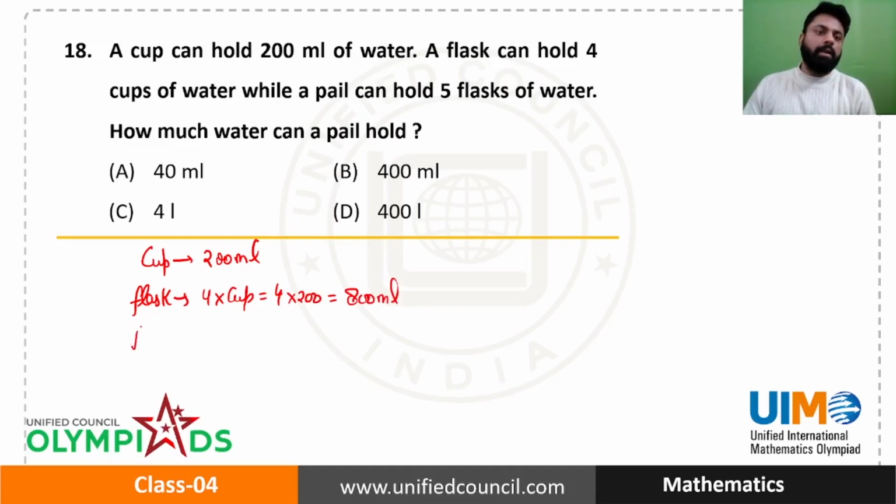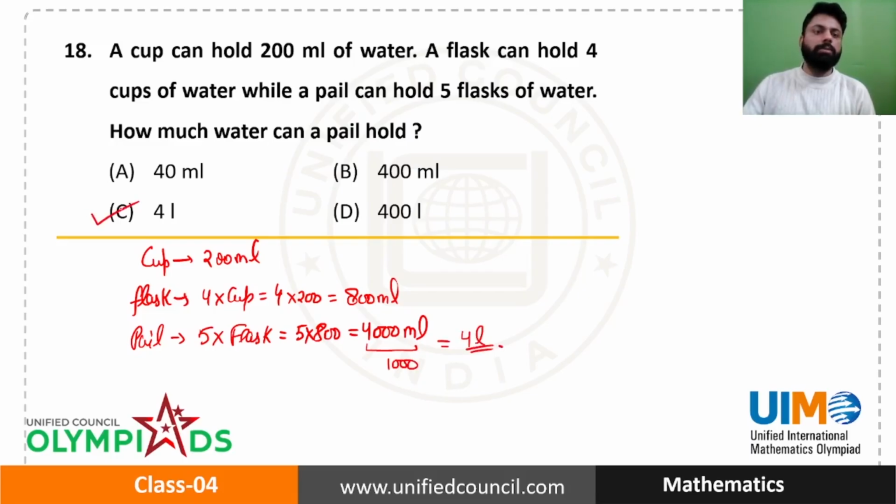While a pail can hold 5 flasks of water. So 5 flasks means 5 multiplied by 800. That is equal to 4000 ml. How much water can a pail hold? So see, 4000 ml when you divide it by 1000, it will become 4 liters. C option is the correct answer.